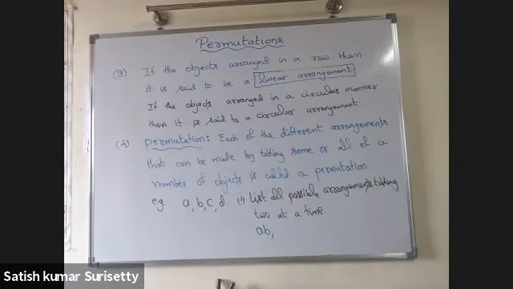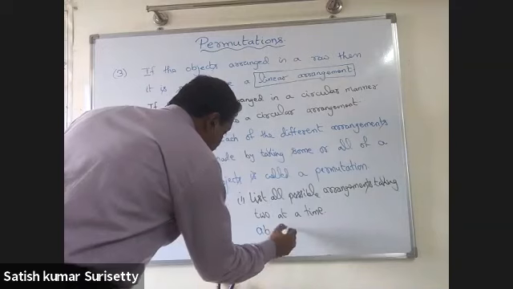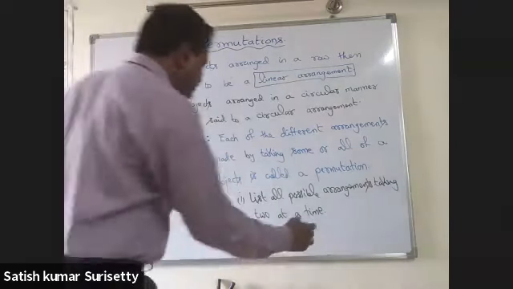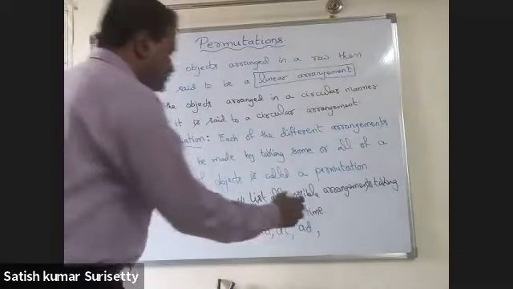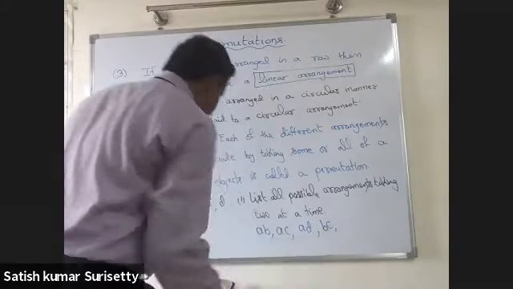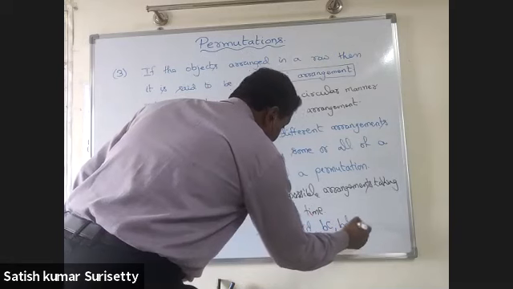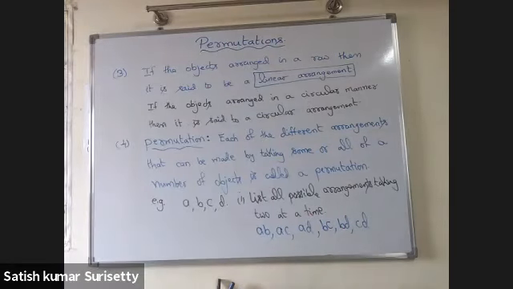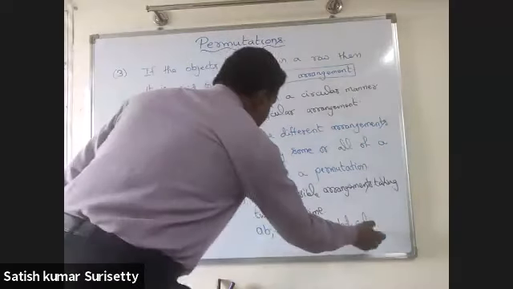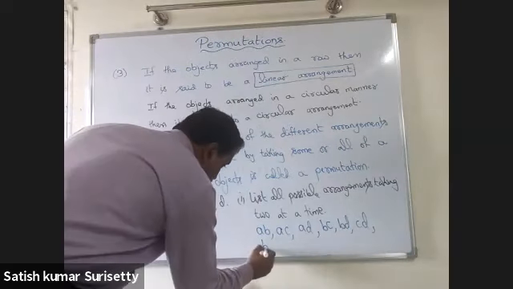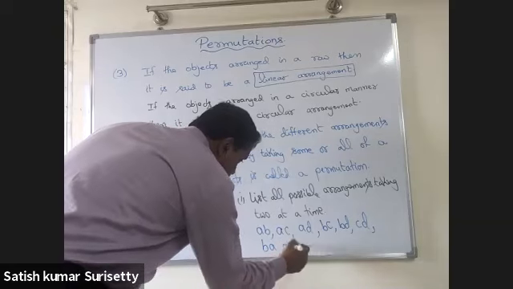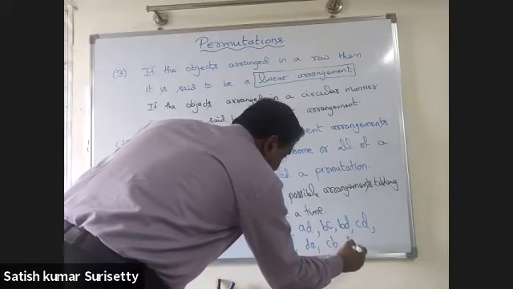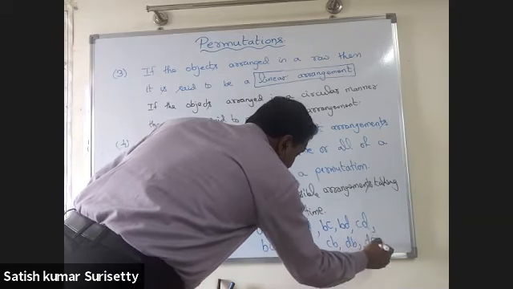One is AB, AC, AD, BC, BD, CD. Now, not only this, even you can have BA, CA, DA, CB, DB, DC.